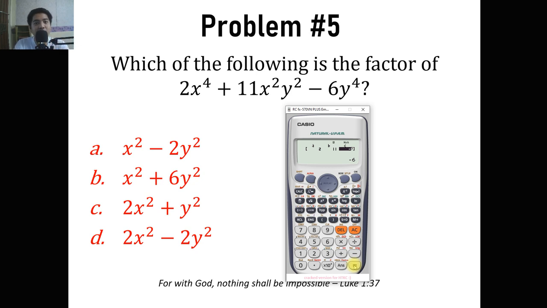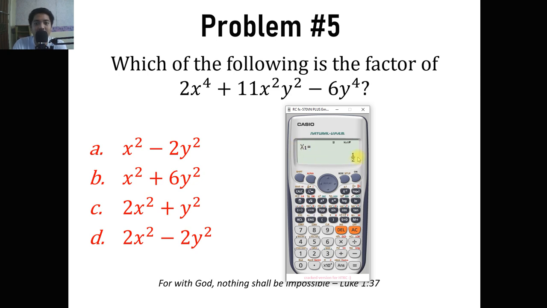It is equal to x squared. Again, the root that must appear here is equal to x squared. So we have x sub 1, 1/2, and negative 6. That 1/2 is really x squared because we have extracted x squared here. So this x sub 1 is really x squared.